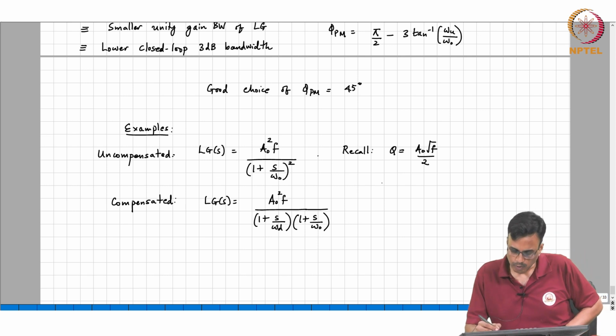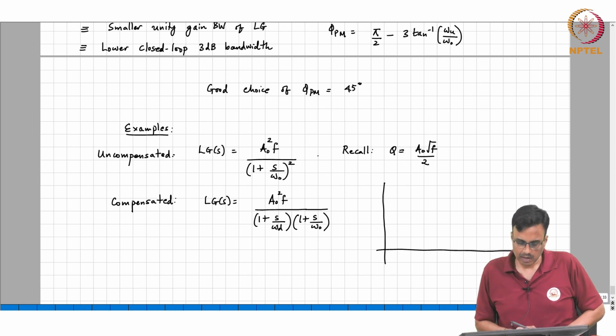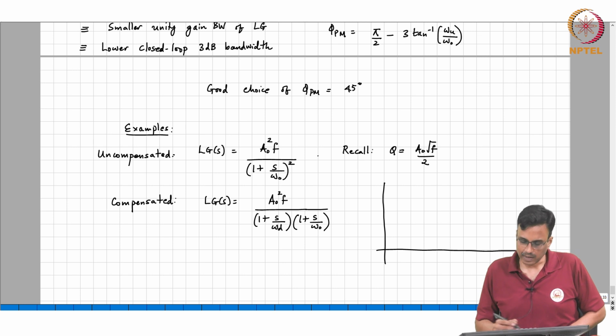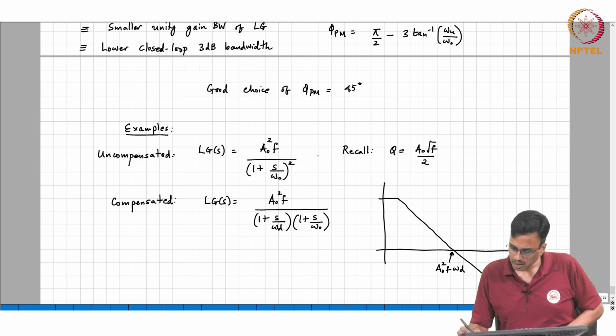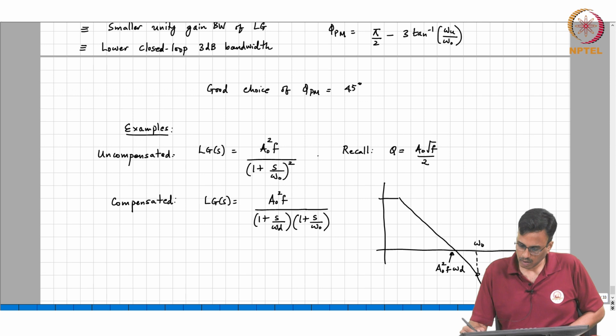Now, if you look at the Bode plot, what will it look like? Well, we have to choose the unity gain frequency, right. So, this A naught square f times omega d, where omega d must be much smaller than omega naught. This is omega d.